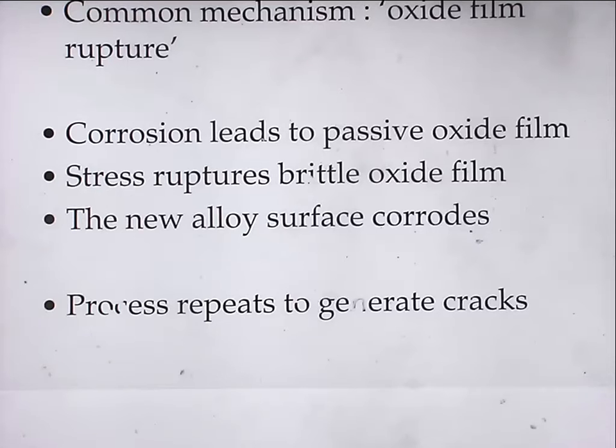And the vision is of a sort of stepwise process. You break a hole in the layer, you get a little bit of corrosion, it passivates again, the stress breaks that layer, corrodes again, it passivates again, and you get a progressive growth of the crack.